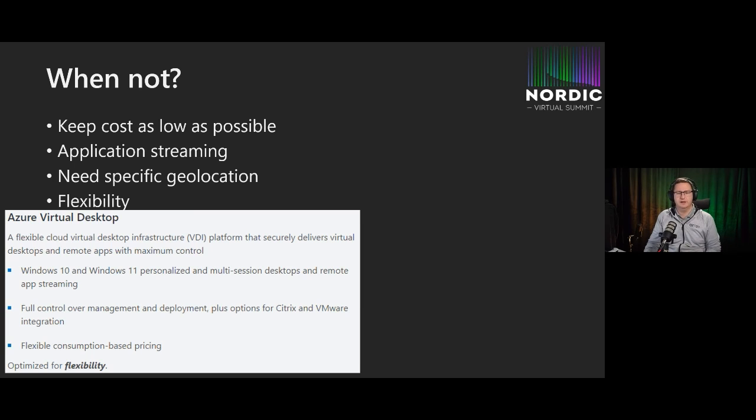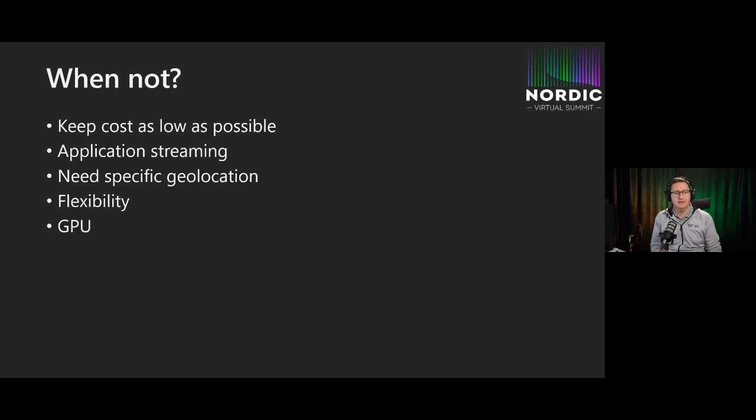Another scenario where Windows 365 cannot provide you with the thing you need is if you need a GPU. Currently none of the Windows 365 SKUs support a GPU. So if that is something you need, you would have to go for something like Azure Virtual Desktop or another kind of service.